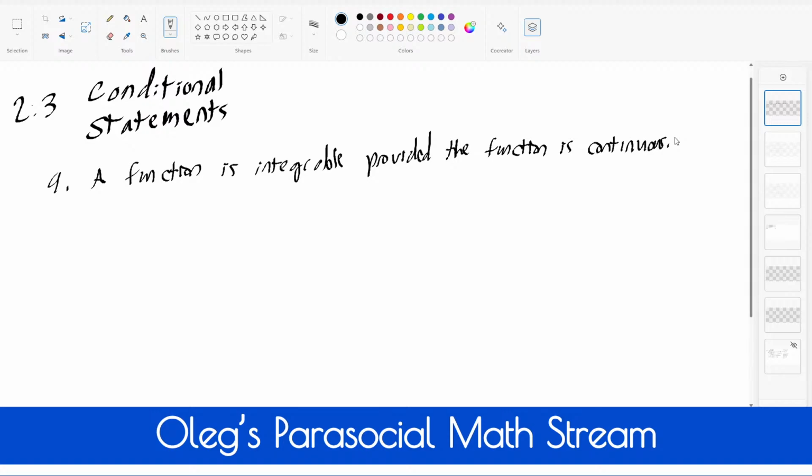So I'm thinking this is going to be Q provided that P. All right, let's write that. If P then Q, now the form.